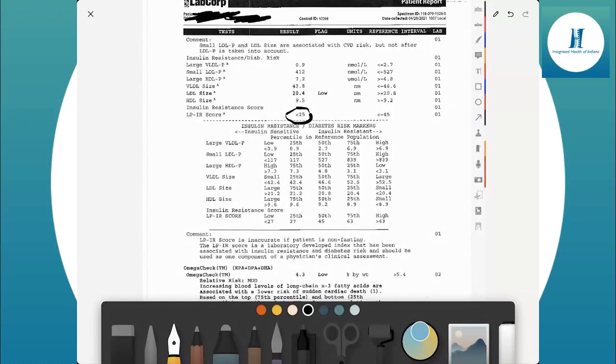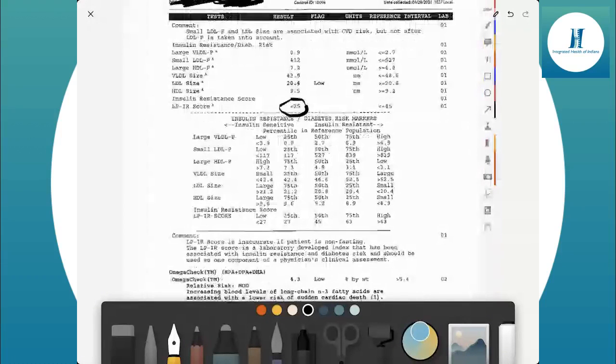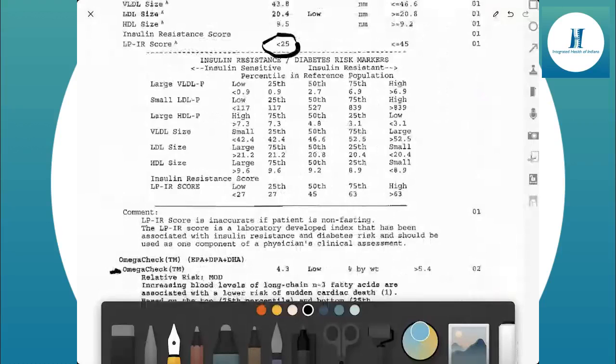But once again, like I was talking about just a second ago, we know that the LDLs are too small. And so we have to bring those up, and we bring those up through diet, nutrition, exercise, doing the 4 pillars: good sleep, good nutrition, good exercise, good community. When we get in here on the omega check, see this 4.3, and they say a normal is greater than 5.4.